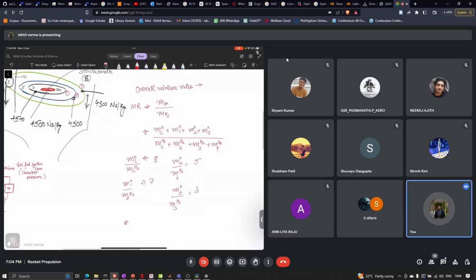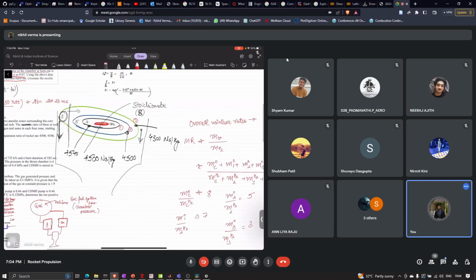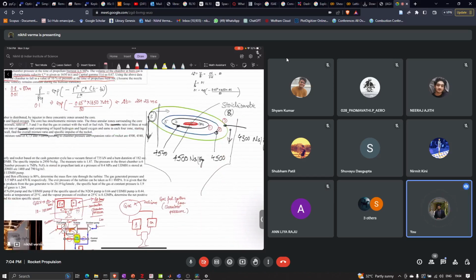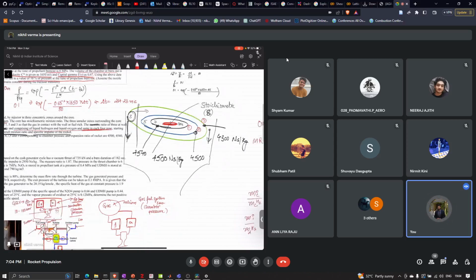It is also given that liquid oxygen and liquid hydrogen are supplied in the same quantity in each of the 4 zones, right?